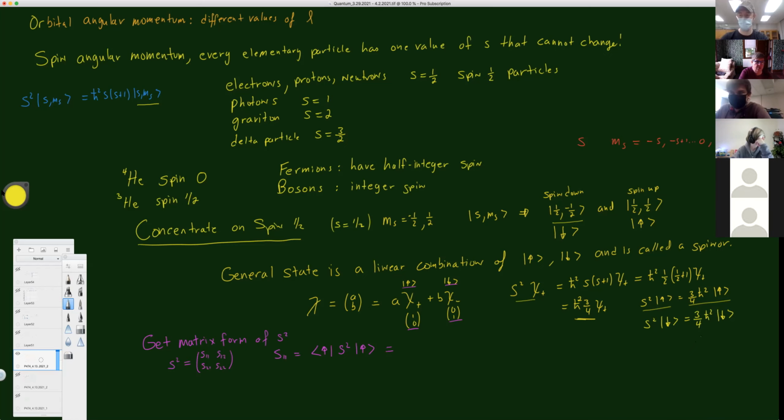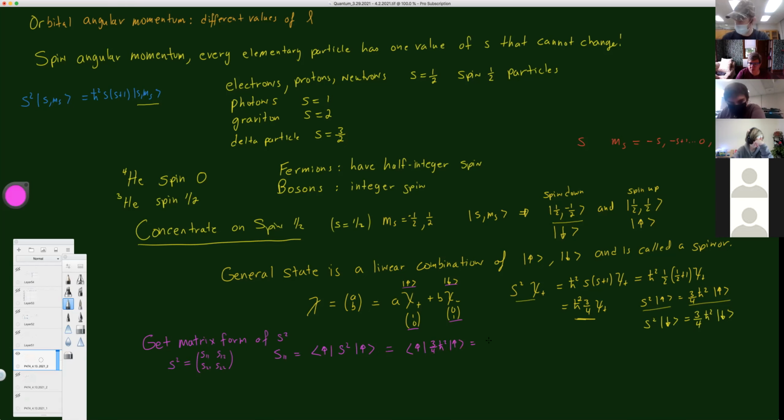Okay, so let's keep going with our calculation here. s squared acting on the up gives me 3/4 h bar squared up.